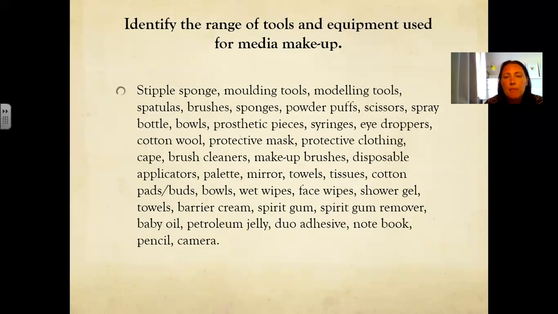But when you look at the products, so maybe if you look at latex, old age stipple, look at Pro Stick, look at prosthetic pieces like gelatin, etc. Look at the ingredients within those, just to make sure that you've got a log of anything that you're using and you understand what the products have in them, and any potential harm that could come and create allergies on your client.